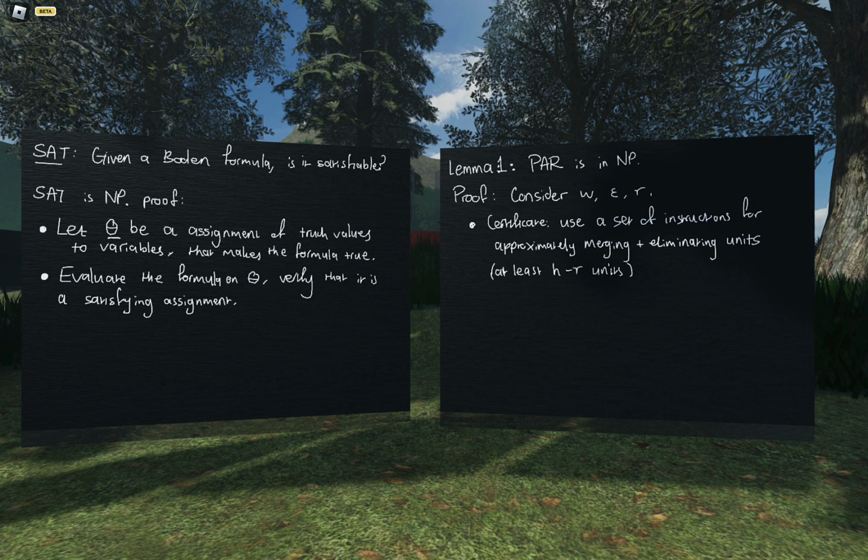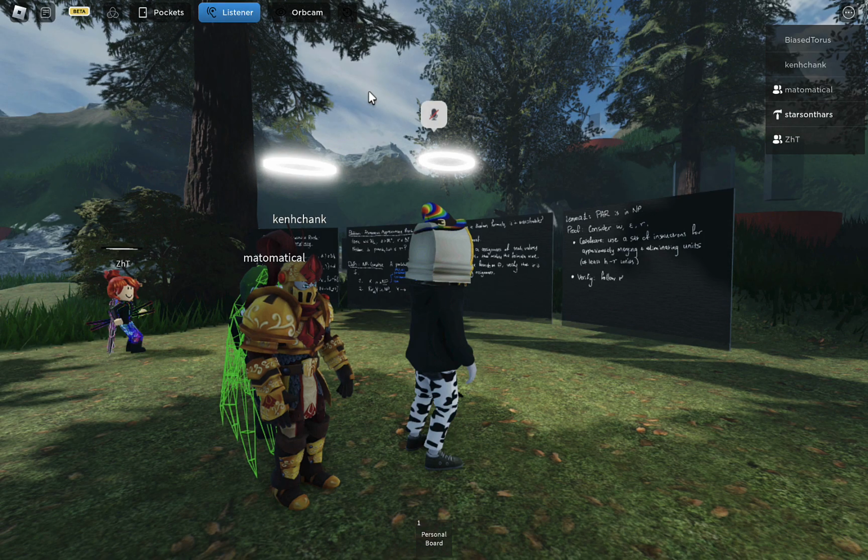And it just remains to check if, given these instructions, we can verify them in polynomial time. We can verify them in polynomial time. To verify the certificate, we just carry out the instructions.